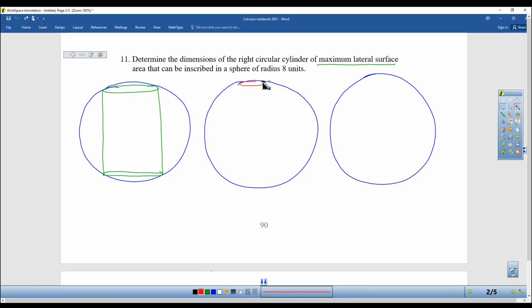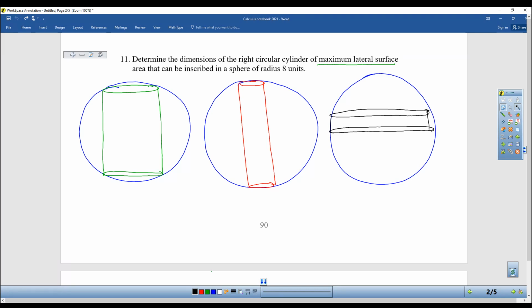I could draw it like this. This would still be considered inscribed as long as the edges of the cylinder are touching the sphere, or I could draw it really wide and fat. We did this yesterday with another problem. There's my cylinder. It's touching. You can't quite tell.